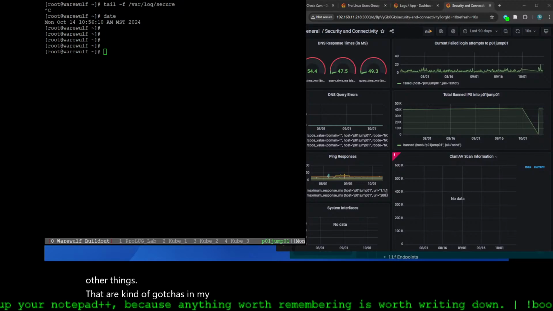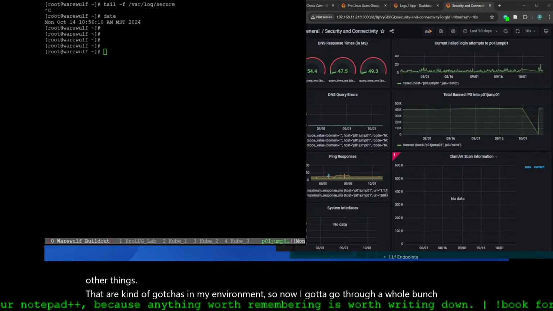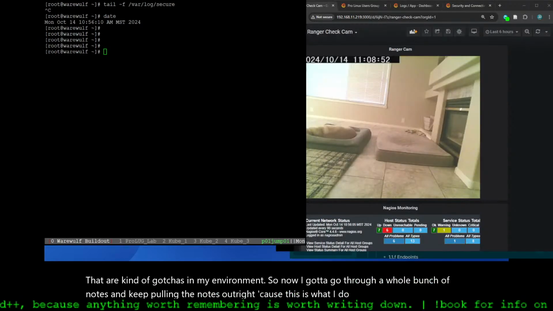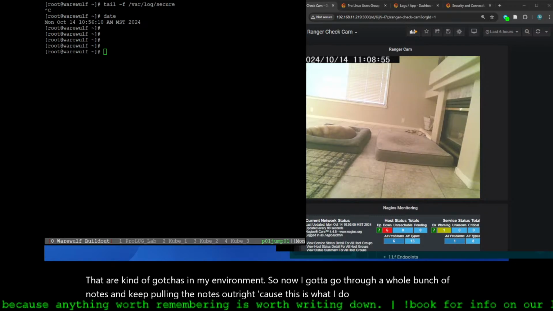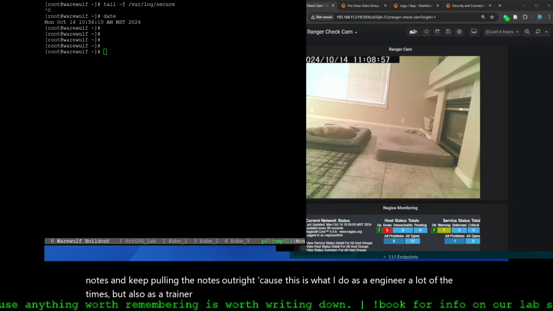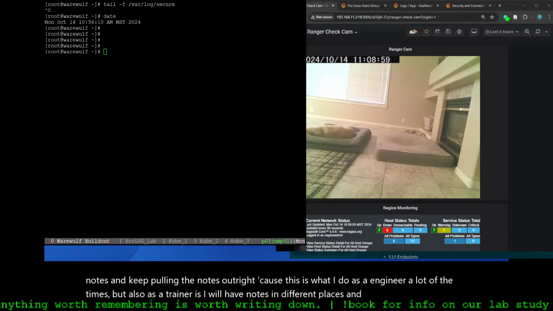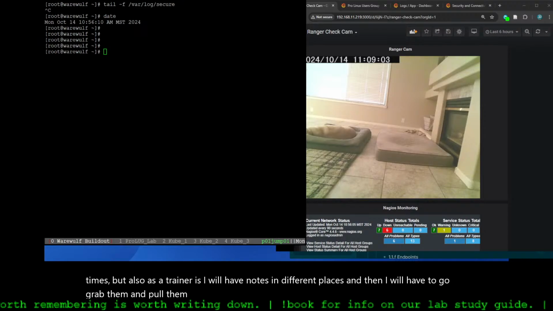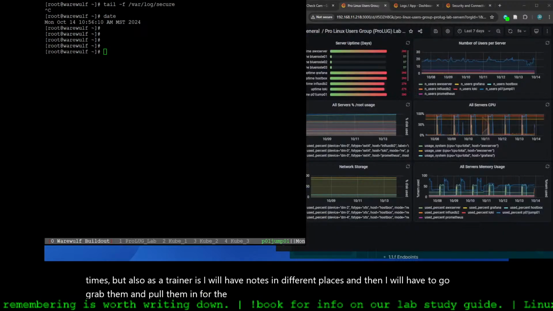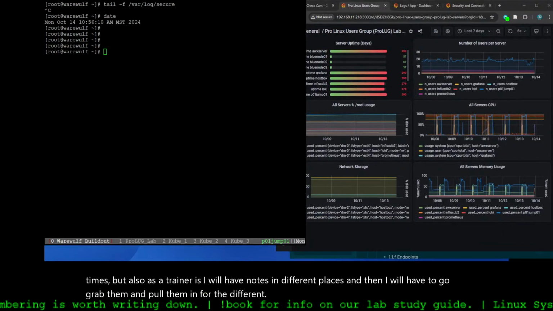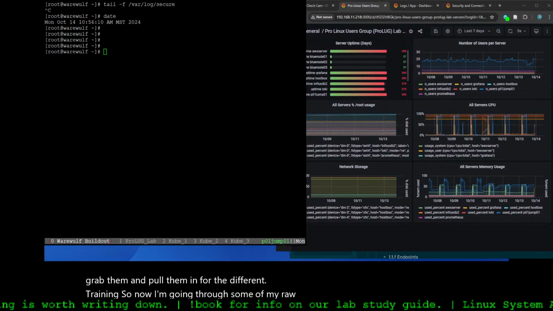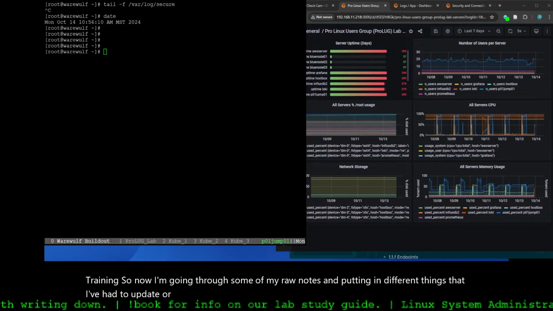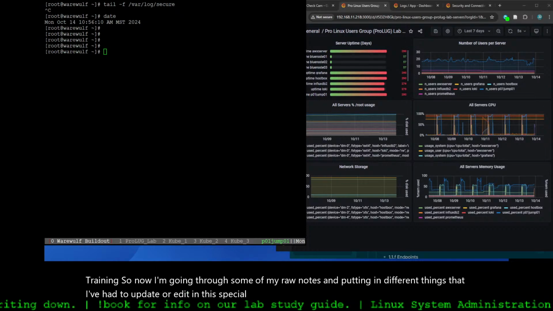So now I have to go through a whole bunch of notes and keep pulling the notes out, because this is what I do as an engineer a lot of the time, but also as a trainer. I will have notes in different places, and I will have to go grab them and pull them in for the different trainings. So now I'm going through some of my raw notes and putting in different things that I've had to update or edit in this special environment here.